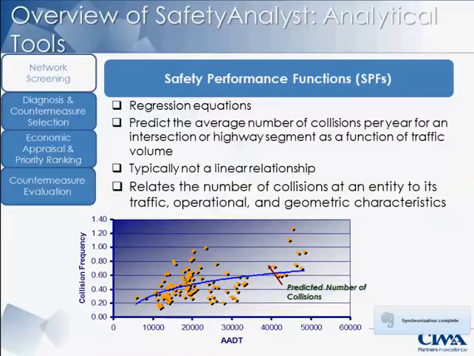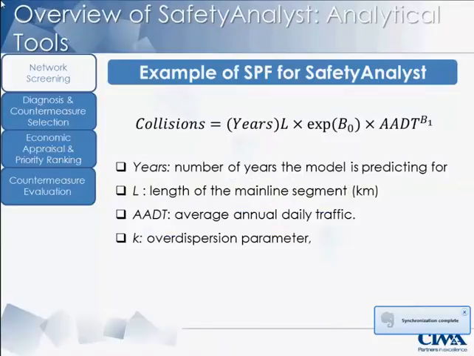And then this is used to estimate the long-term collision frequency at a location using the empirical based method. And this is a typical safety performance function that AP Analyst requires. The number of collisions per year equals, this is not for intersections, it's for road sections, the length of the section, the constant, and ADT to an exponent.